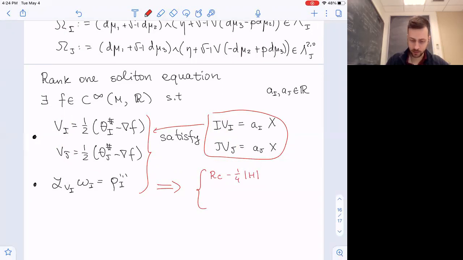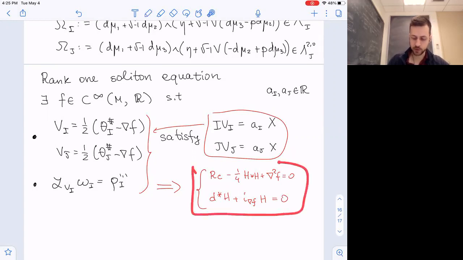It will look as follows. H star H plus F equals 0, and T star H plus something. So this was the equation which we wanted to solve.